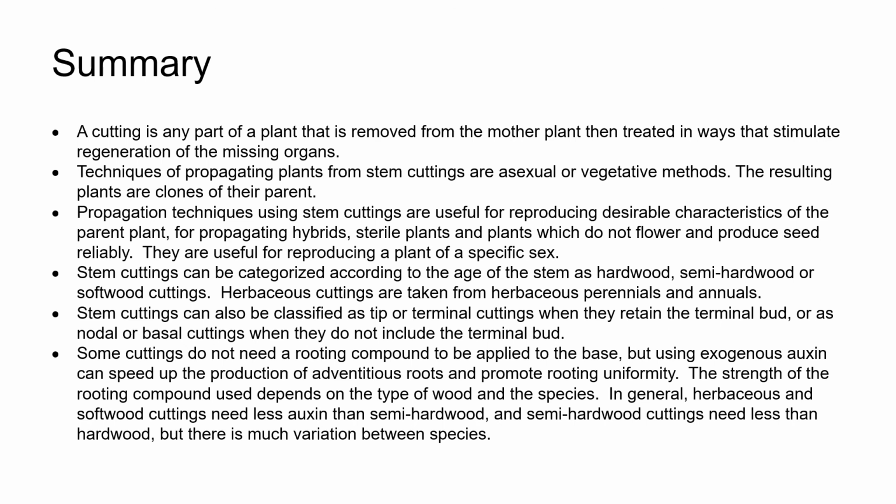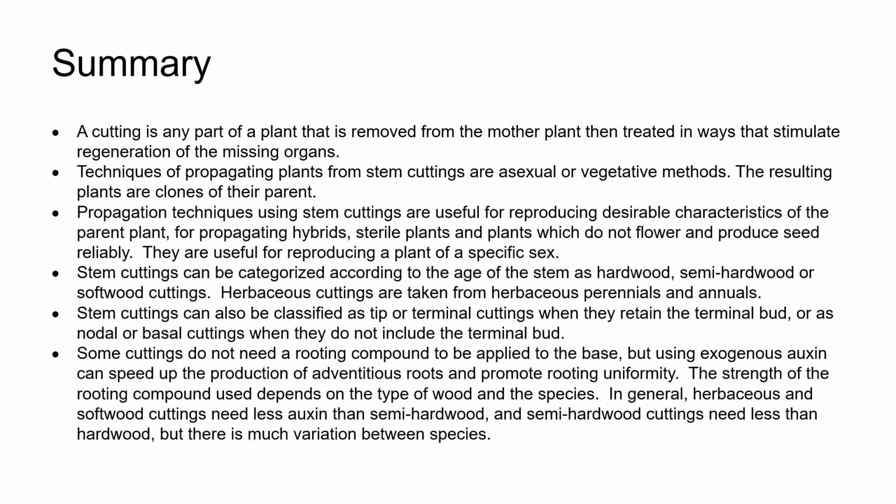Propagation techniques using stem cuttings are useful for reproducing desirable characteristics of the parent plant, for propagating hybrids, sterile plants, and plants which don't flower and produce seed reliably. They're also useful for reproducing a plant of a specific sex.